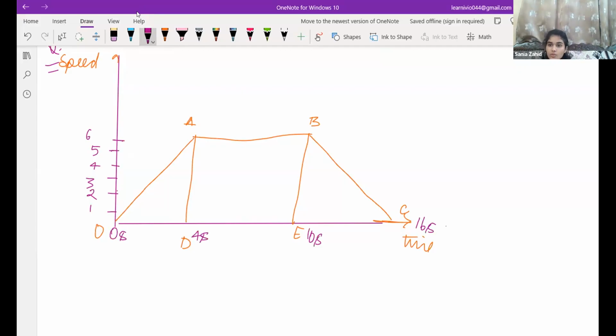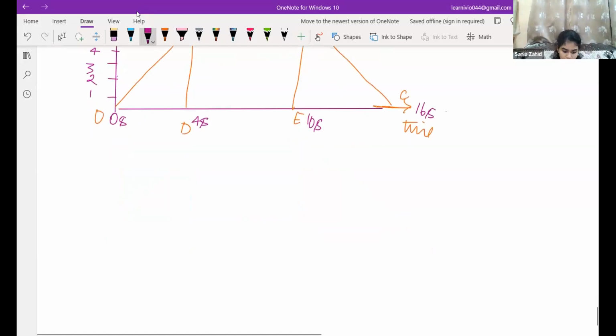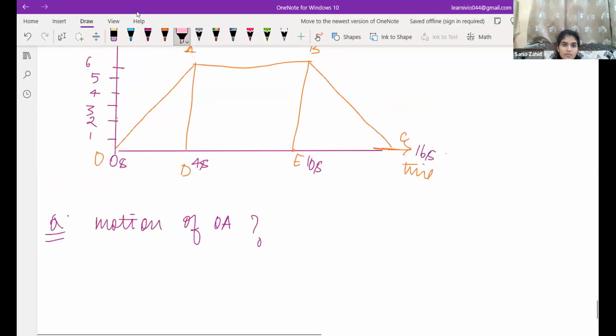Now, what are the questions that follow up these graphs? So the first question is, what type of motion is represented by OA? Can you tell me what is the motion for OA? Look at line OA. So it is uniform acceleration.